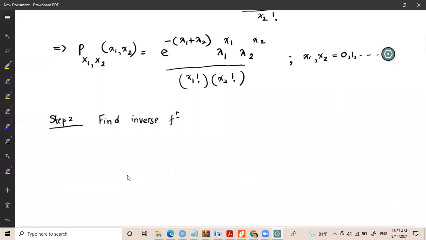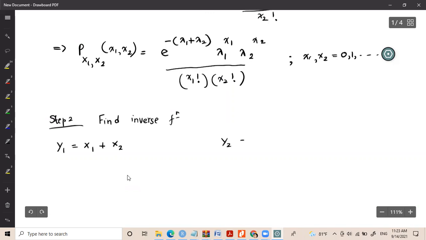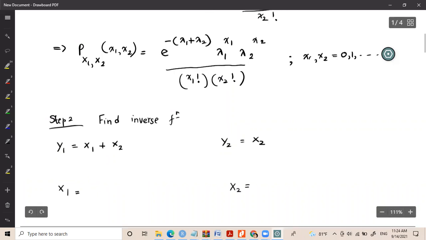Right? Can you do that? Let's write down these two functions. y2 equals x2. Now using this information, find what is x1 and find what is x2 only in terms of y1 and y2. So I'll give you some time to derive them.